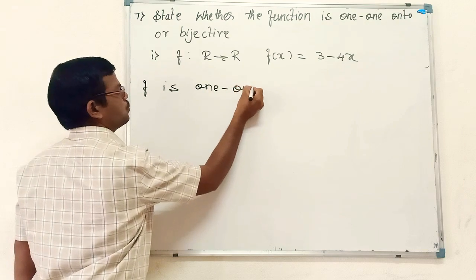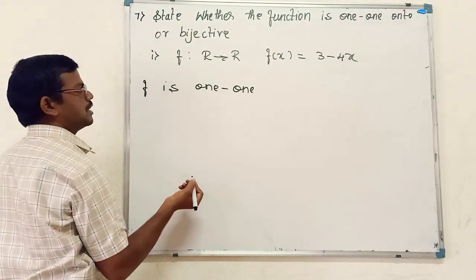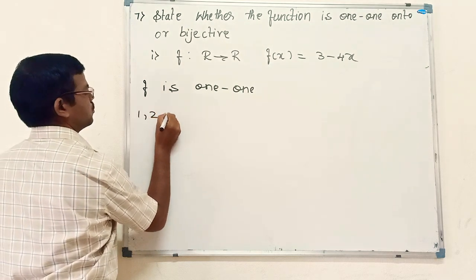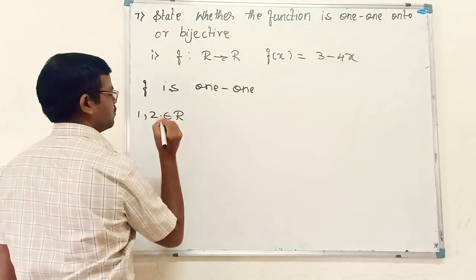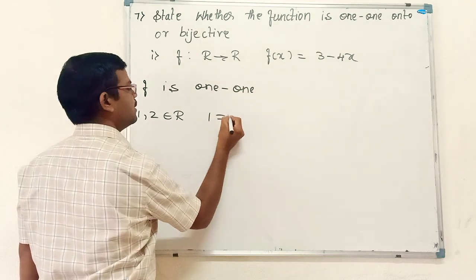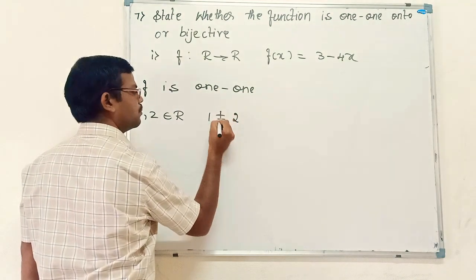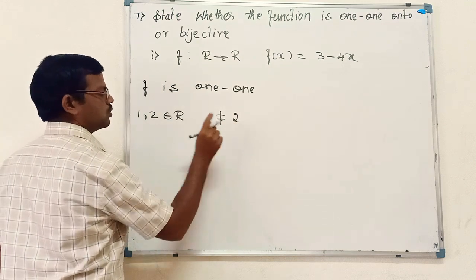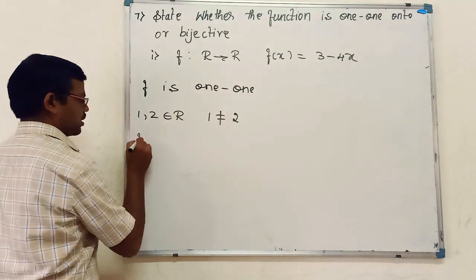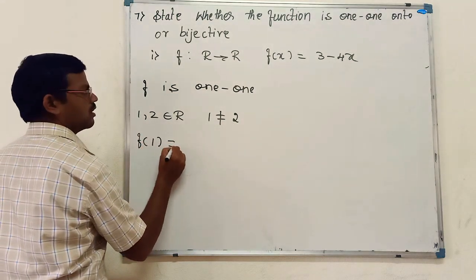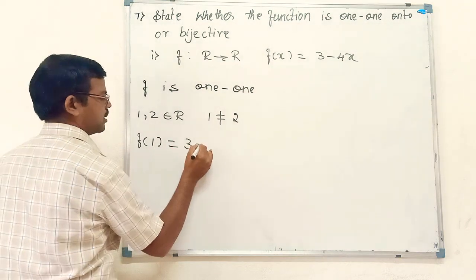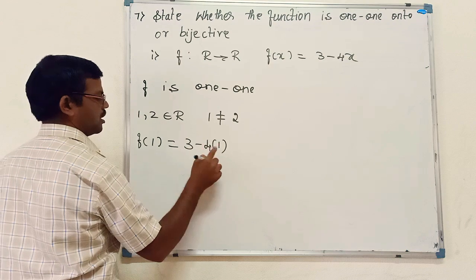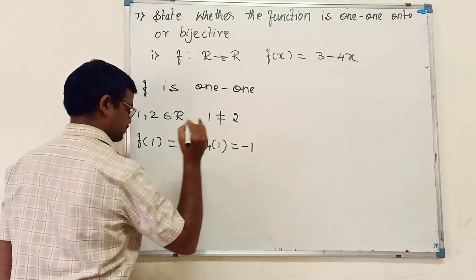To prove that f is 1-1, let me take any real numbers, very simple ones: 1 comma 2 belonging to the real numbers, and 1 is not equal to 2. Then we find the images. F of 1 is 3 minus 4 into 1, which is 3 minus 4, that is minus 1.